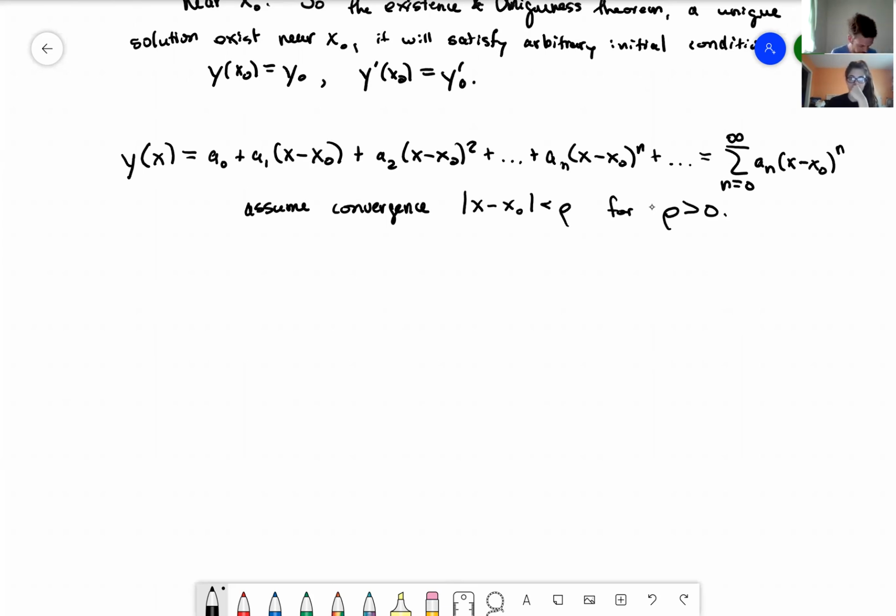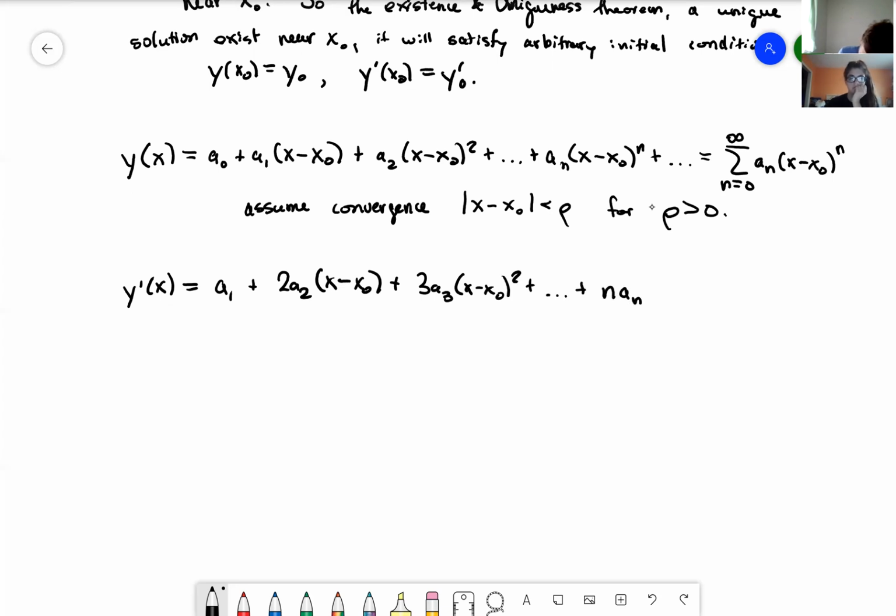Okay, so how are we going to actually do this? Just as a reminder, we can take the derivatives of this proposed solution, and we get a1 plus 2a2 (x minus x0) plus 3a3 (x minus x0) squared plus dot dot dot n a n (x minus x0) to the n minus 1, or let's just say for now the sum of n a n (x minus x0) to the n minus 1.